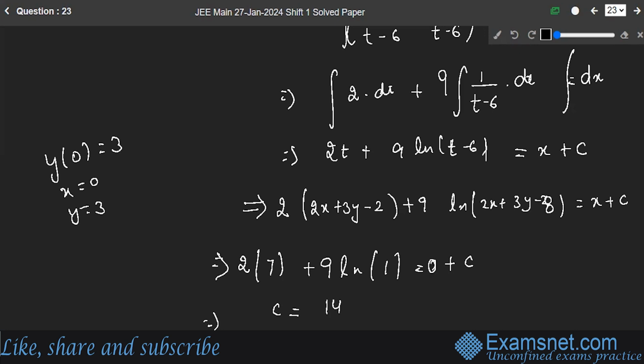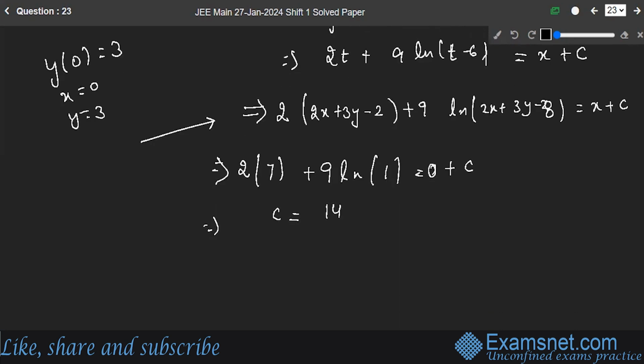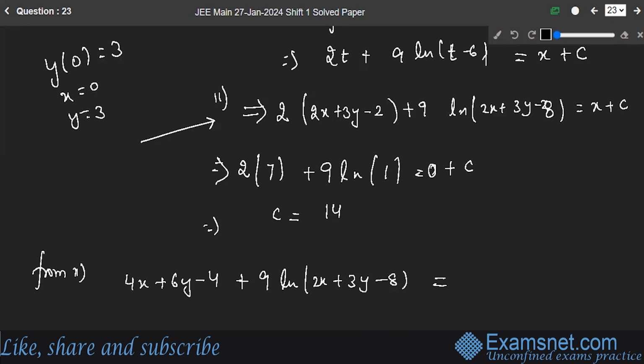So let's fill the value of c over here in this equation. Let's say this is equation 2. So from 2, you will have 4x + 6y - 4 + 9 into log |2x + 3y - 8| is equal to x + 14.